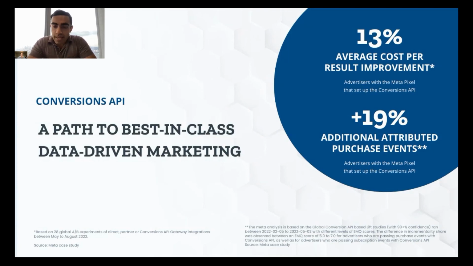There are many different ways to implement this, and it can take weeks, even months, I've seen, depending on how you want to do it. But with Marin's new integration, you're able to get it done in just a matter of minutes, and that is not an exaggeration. So the bottom line here is that in order to maximize your performance marketing strategy on Meta, adding the Conversions API to your solution set is an absolute must.